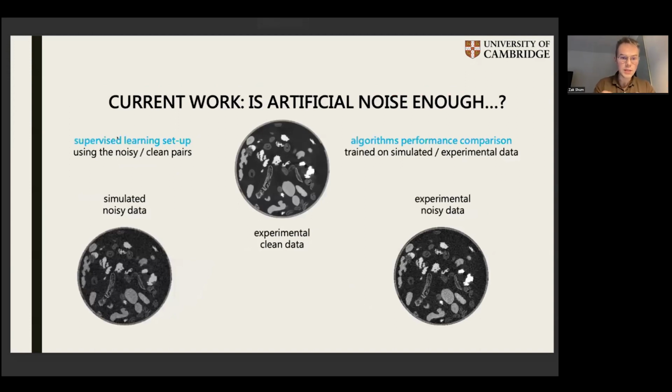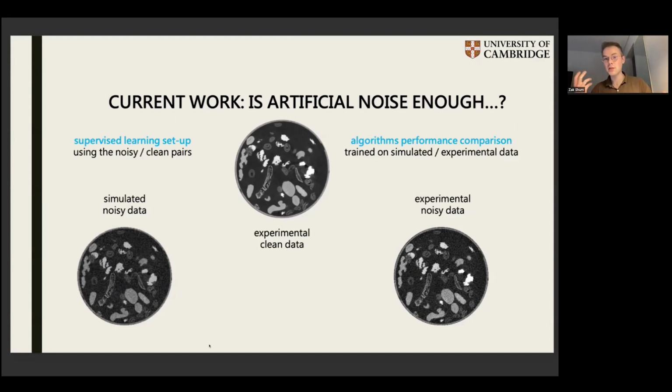And so this is the basic setup that I would like to tell you about, which is you have some sort of supervised learning paradigm where you learn to denoise computed tomography images. You have simulated noisy data and you have experimental noisy data, as well as having experimental clean data. And then you ask the question, what would be better for us to learn on? Would it be better to learn on simulated data?